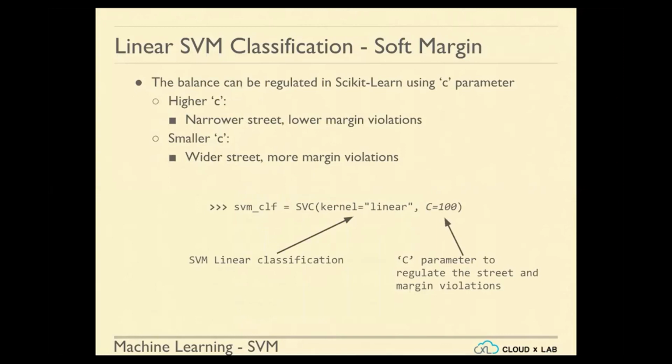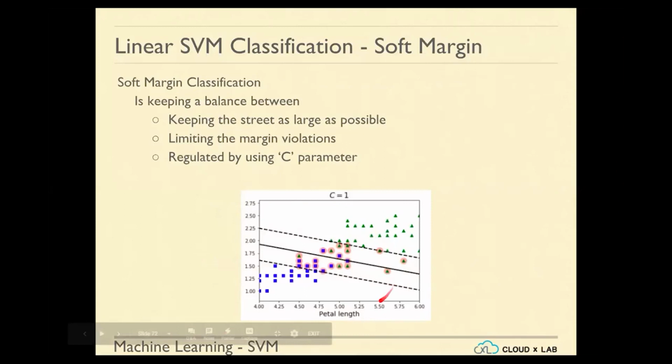If the street is narrow, there will be fewer violations, right?